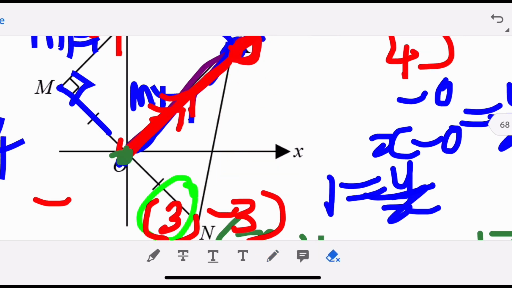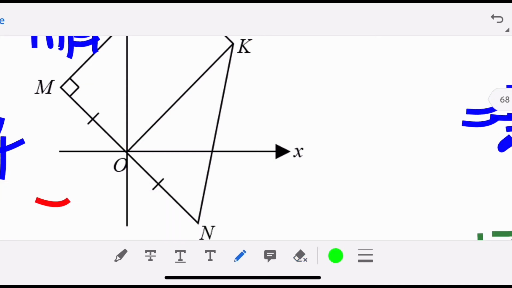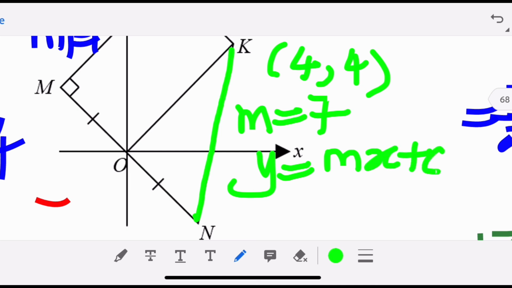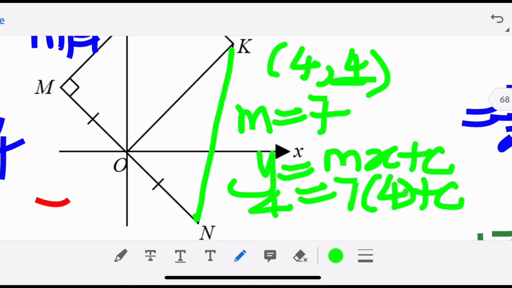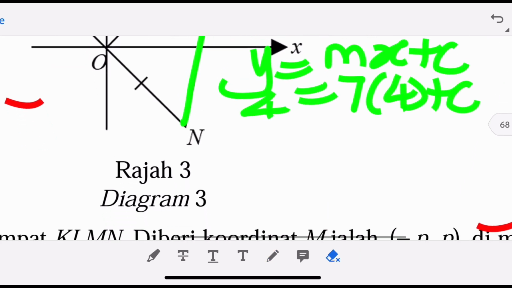So if you want to find the equation for this line, firstly you must have the m, which is 7, and you can use any of the points. I will use 4 and 4. So I will use y equal to mx plus c. So substitute the 4, 7 times 4 plus c. So this is 4.